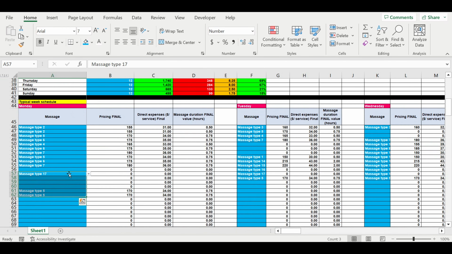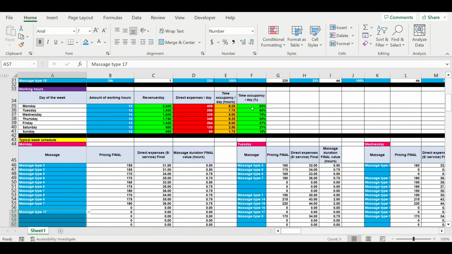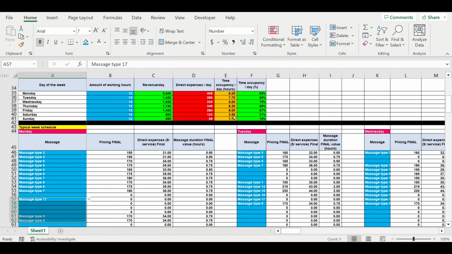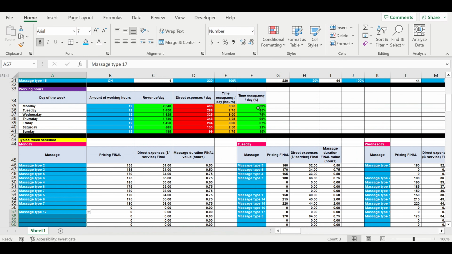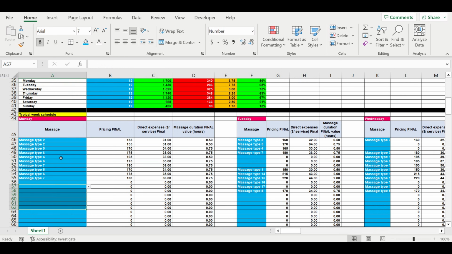So for example, here we have 69% occupancy of working hours, so we think that it is unreal and we delete some services here.